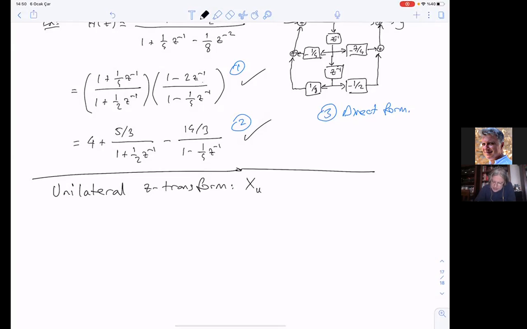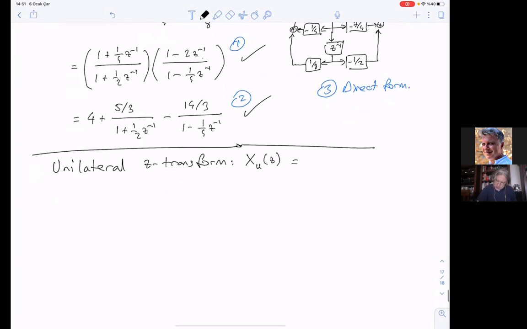I will notate it with a subscript u, just like I did for the Laplace transform, like this, x sub u of z, which is the unilateral z transform. In the book, it uses a calligraphic X for the unilateral transforms, both for the Laplace and the Z transform, but I cannot draw it that way, so I put a subscript U to indicate the one-sided transform.